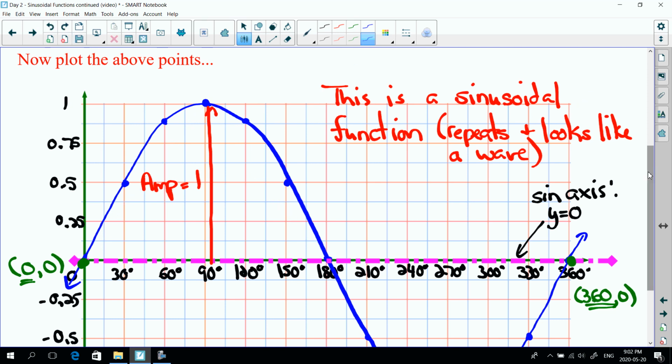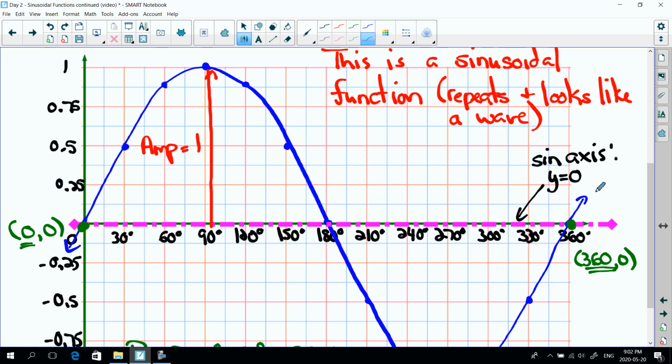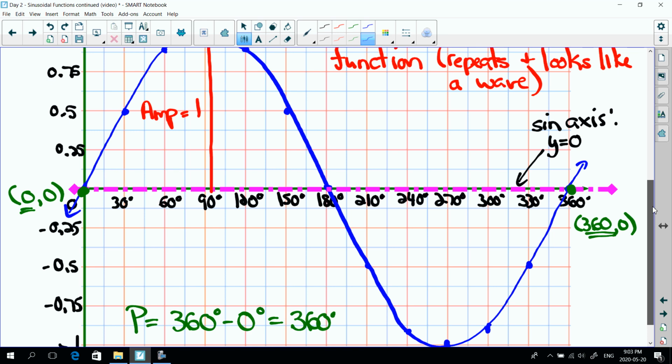And if I kept going beyond 360, so 390, I'd be back up at 0.5. 420, I'd be at 0.87. 450, I'd be back to 1. And then it would start to move back down. So we can say that this sine curve is sinusoidal, okay, because it repeats and looks like a wave. All right, that is the curve of y equals sine x.